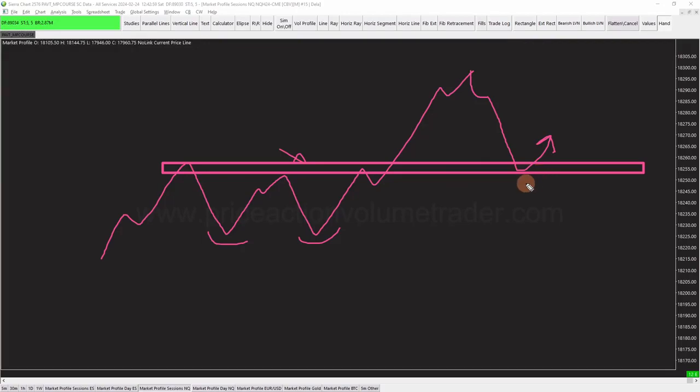This definitely makes a lot of sense right on this broken resistance, now expected to be support. But in reality, we know that in trading, nothing happens perfectly clean all the time. A lot of times what we're going to get is a much deeper pullback, and we can even test underneath this support level, trapping a lot of late shorters, impulse breakout traders, etc., just piling in short only to then have this quickly reverse and start coming back.